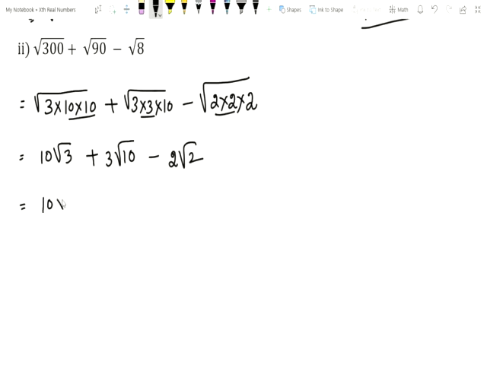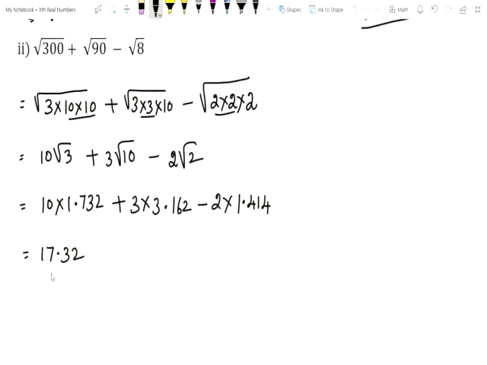Now you substitute the value. 10 into root 3 value, 1.732, plus 3 into root 10 value, 3.162, minus 2 into root 2 value, 1.414. Now you multiply this. Multiply by 10, what you will do? The decimal place will move. How many places? 1 place. So 17.32.